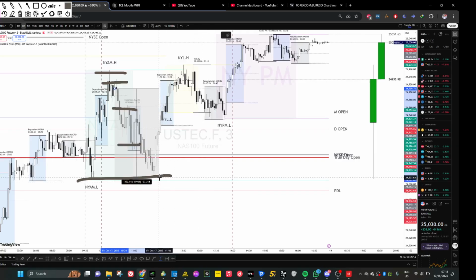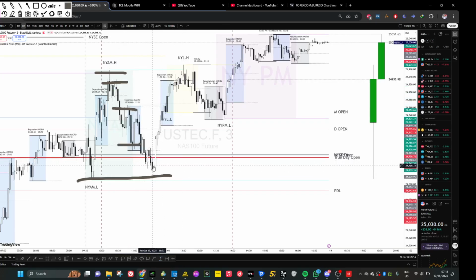230 points. On a regular day, you don't get this level of volatility. And then now we came into this order block here, demand level, and this would have given you a nice entry, taking us all the way back into lunchtime. So anywhere down here could have been a nice entry to take us back up.